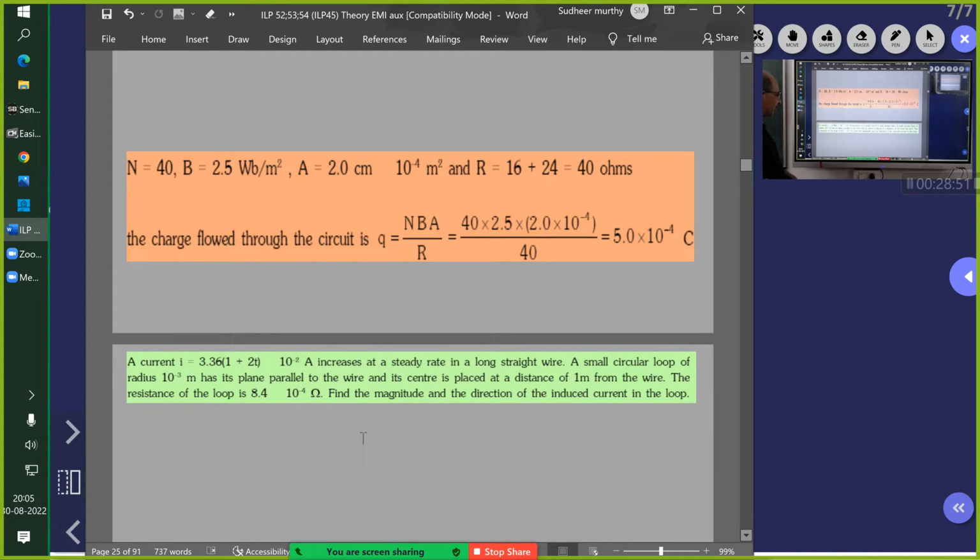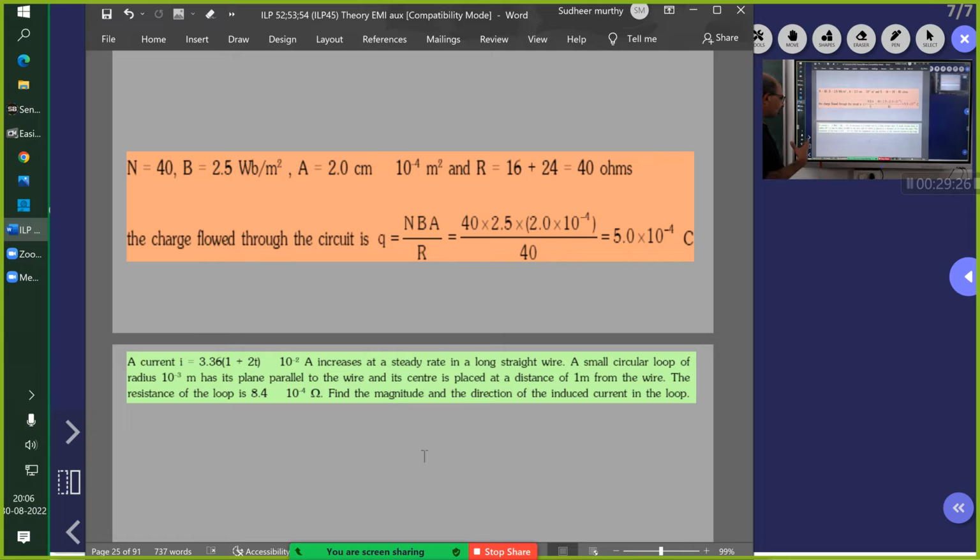Next one. A current I equal to so and so into 10 to the power of minus 2 amperes increases at a steady rate in a long straight conductor, because current is directly proportional to time.